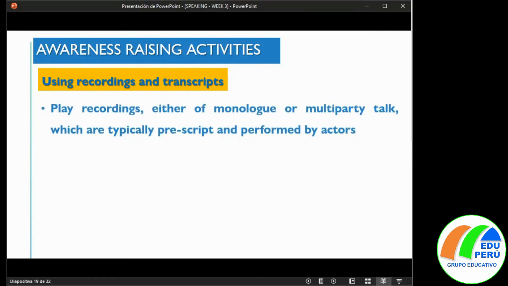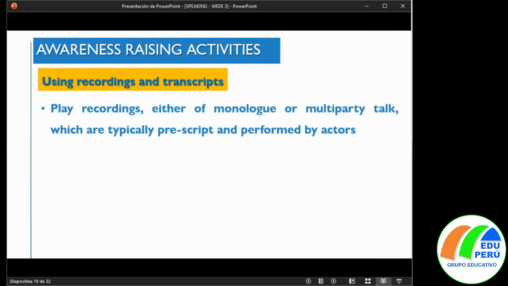So you play recordings either of monologue or multi-party talk, which are typically pre-scripted and performed by actors. Alright? So here notice, we as teachers are going to play recordings, audios, monologue or multi-party talk, 2 people, 3 people, remember.